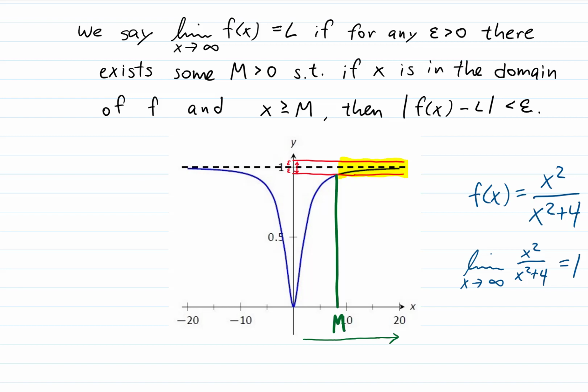Now I'll write down the definition for the limit as x goes to negative infinity equals L, but you can guess from the picture how that's going to work, right? It's going to be the same. It's just that we look in this direction. This is for the limit as x goes to negative infinity.